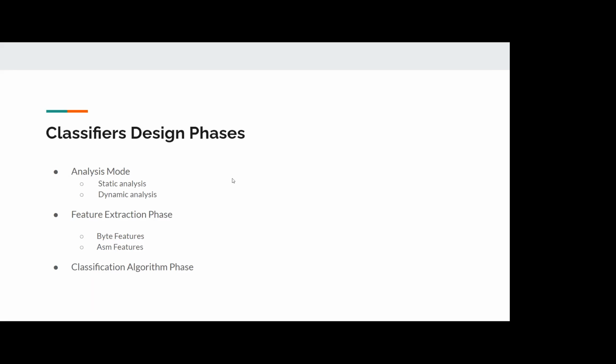So the classifier design phase consists of 3 phases: the analysis mode, the feature extraction phase, and the classification algorithm. The analysis mode uses static analysis with disassembly tools to extract features from the software without running the actual software.